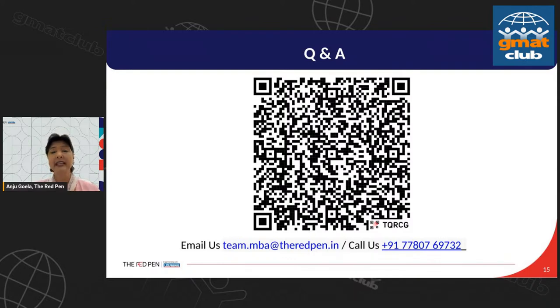The other thing about European schools: although the programs are in English, it is a good idea to have some knowledge of the regional language. Even though the program is in English, the moment you step out of the campus, or if you want to do an internship or work there, you will need to know the local language.